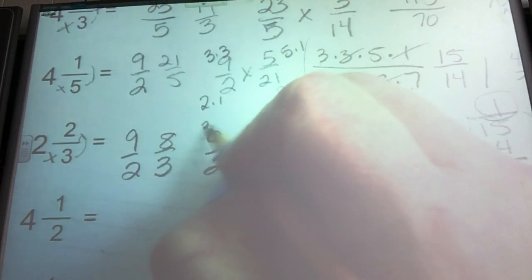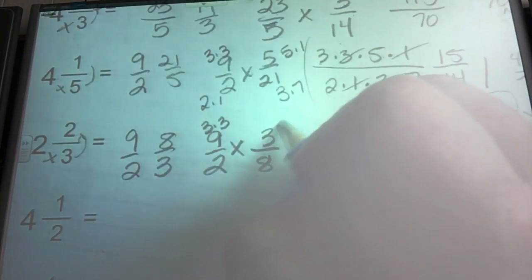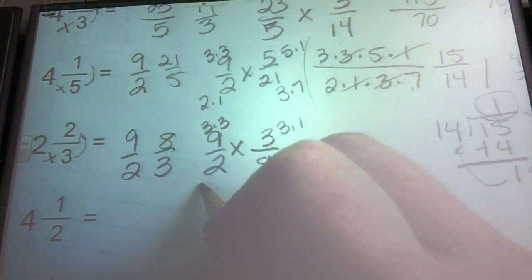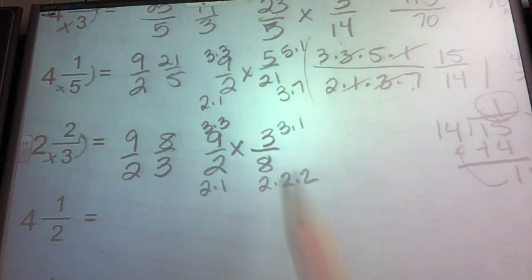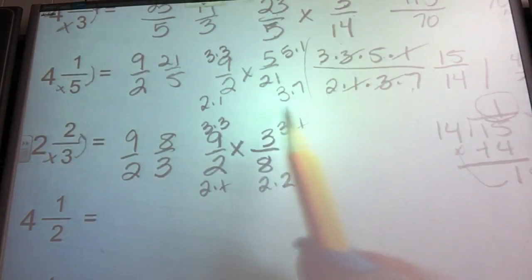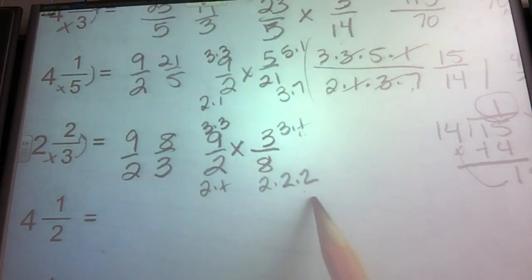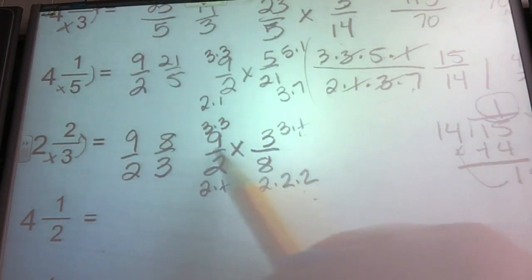Factoring 9 would be 3 times 3. 3 would be 3 times 1, 2 times 1, and 2 times 2 times 2. Is there anything alike on the top and bottom other than these ones? No, because we have 2's and there's no 2's up here, 3's and there's no 3's down here. So we can just multiply straight across.